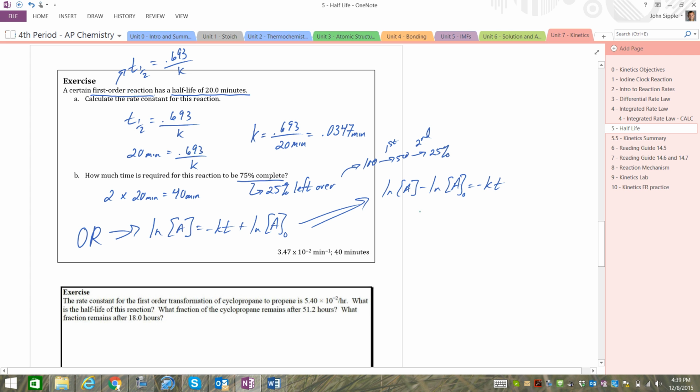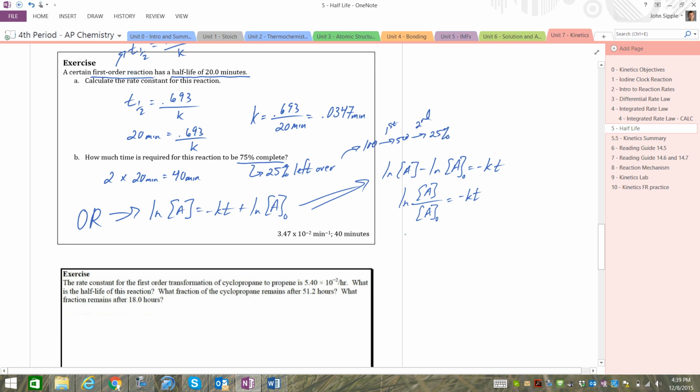So now I've got this in there where I can use it. We got 25% left over, so I'm just going to use 0.25 for the concentration, and for the concentration at time 0, I'm just going to say that's 1. So 75% of the way done, we have 25% left over.